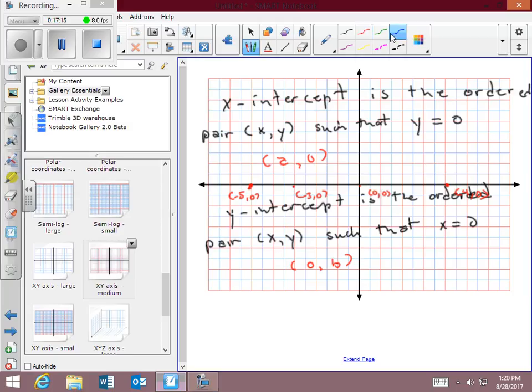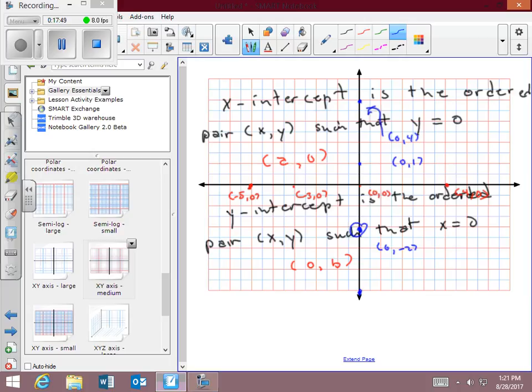Correspondingly, if you look at points on the y-axis, look at this point right up here. Well, there's 1, 2, 3, 4. That particular point right there is what? x is 0, y is 4. This point right here, which lies on the y-axis, is x is 0, y is 1. This point right down here is x is 0, y is negative 2.